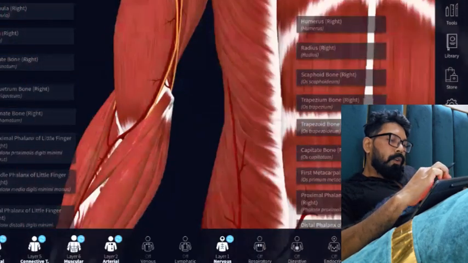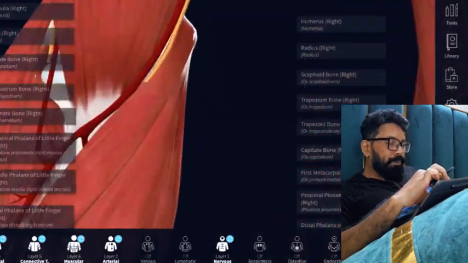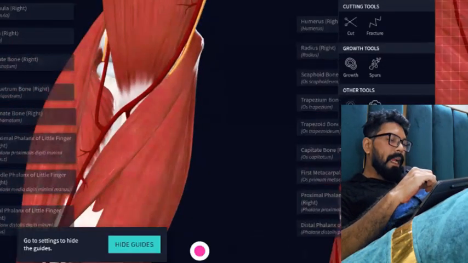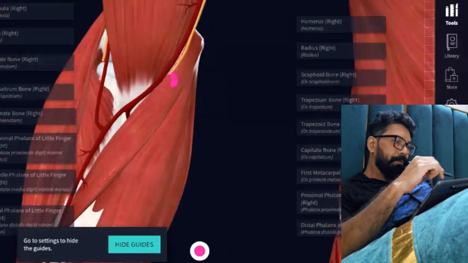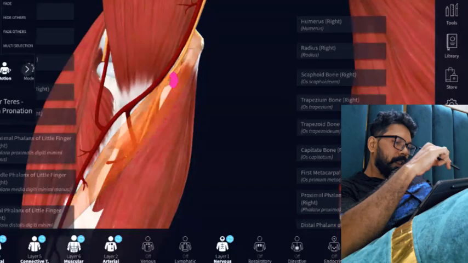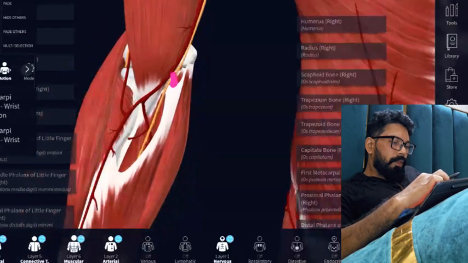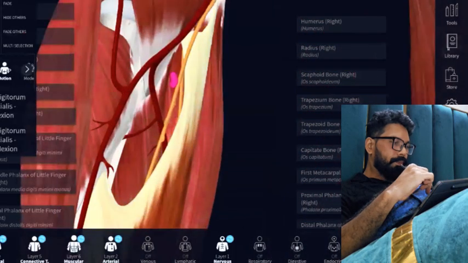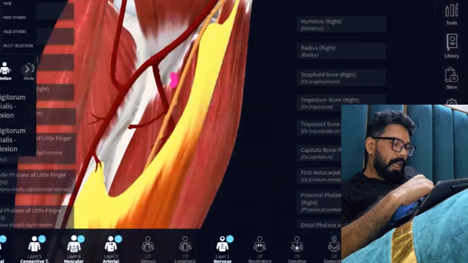Then it will go in front of your medial epicondyle and enter. Let me show you. If you see it, you will remember better. It will enter inside your, where is the muscle? Guys, let me add the muscle.